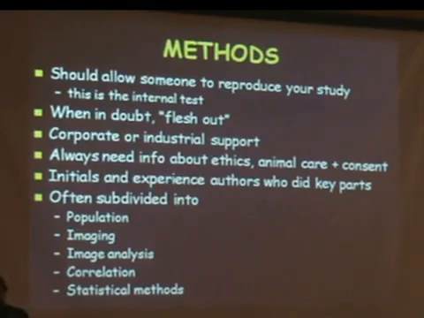Your third is imaging analysis. Your fourth is correlation. And your fifth is statistical testing. Okay? So first section is population. Prospective, retrospective, over how long, where did you get them from, how did you get them?